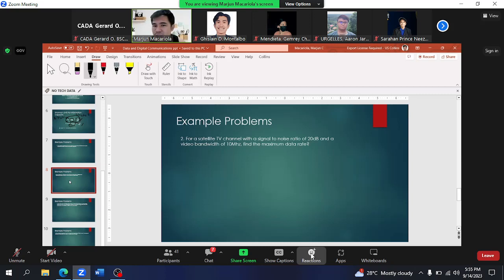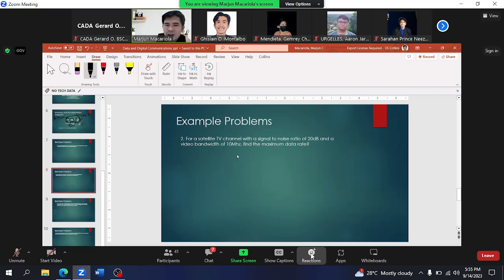In this second question, you are asked to find the maximum data rate. That is just the same. If the maximum data rate is what's being asked, that is your information capacity. Pero there are times na information capacity and the maximum data rate are given. So mamaya may ganung example.